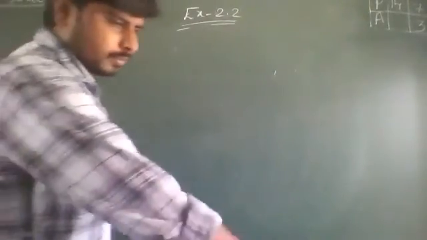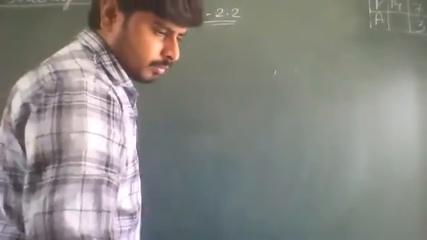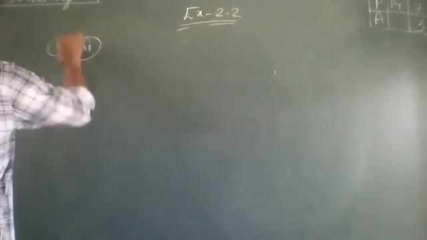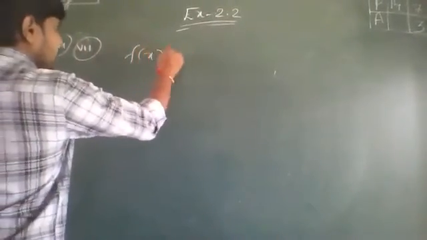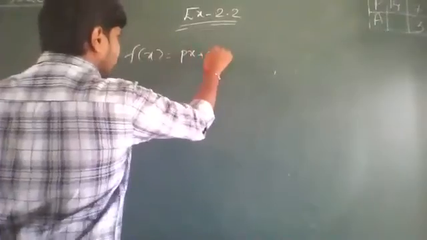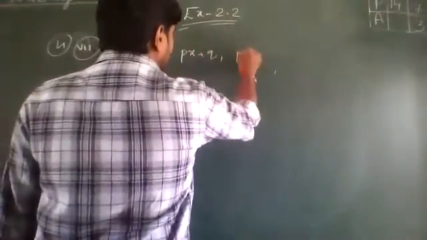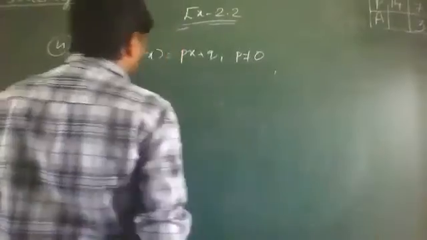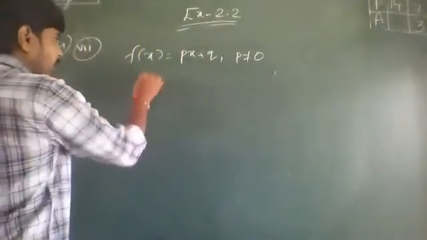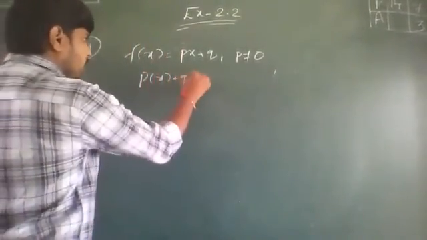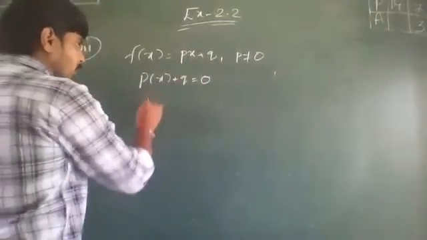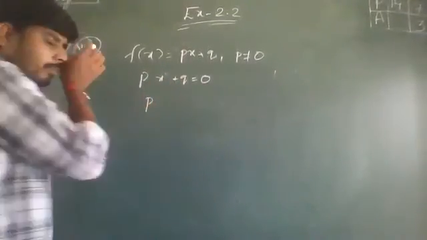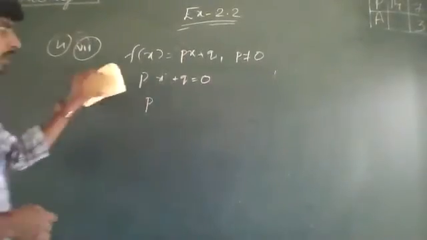What is the next one? f of x is equal to px plus q, where p is not equal to 0, and p and q are real numbers. So px plus q is equal to 0. Yes, we need to make it equal to 0 for solving.